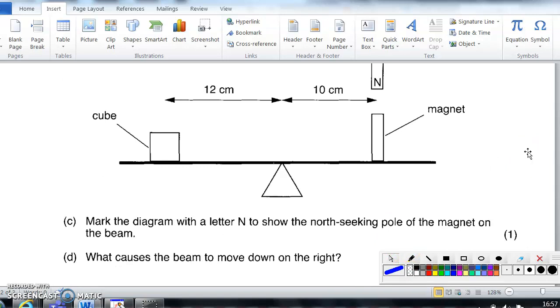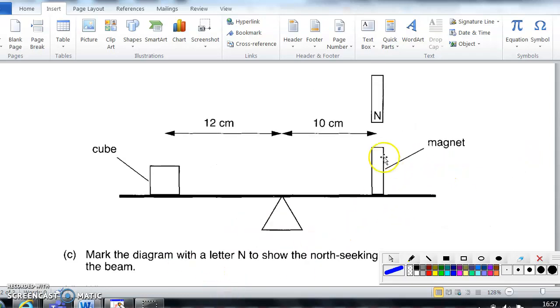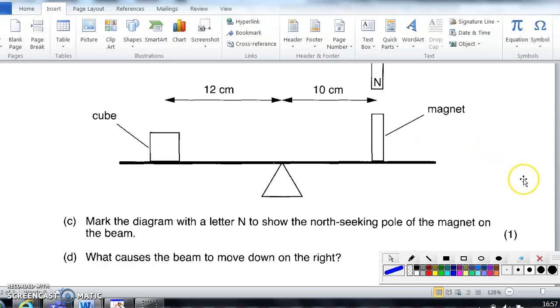Mark the diagram with the letter N to show the north-seeking pole of the magnet on the beam. Again, no dots, people tend to leave this out. So this is going to push down, so the N would be at the top of the magnet on the beam.